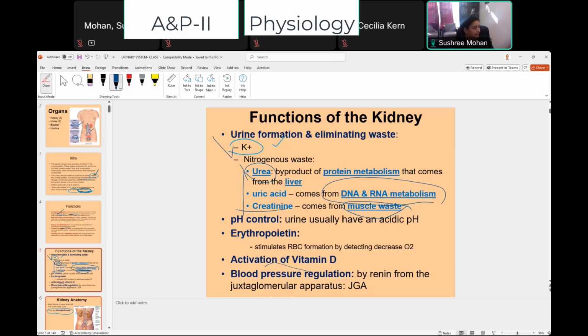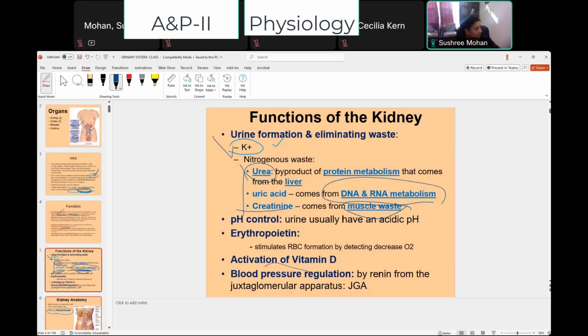Then vitamin D, as calcidiol in the liver, is converted into calcitriol in the kidneys, and it helps in calcium and phosphorus metabolism. So kidneys have a role to play because they convert calcidiol into calcitriol, working on vitamin D so that it can act on calcium metabolism.